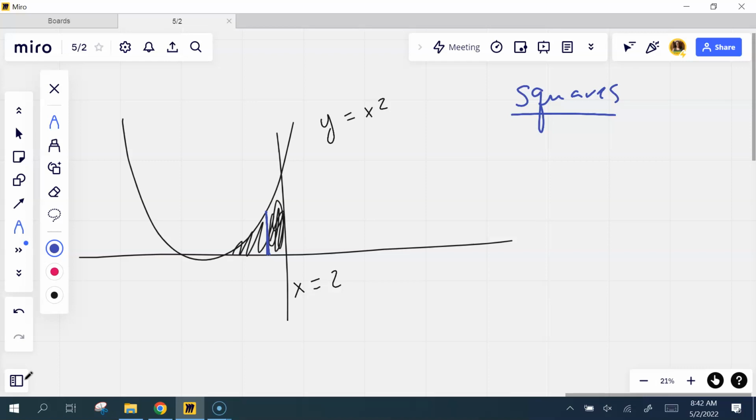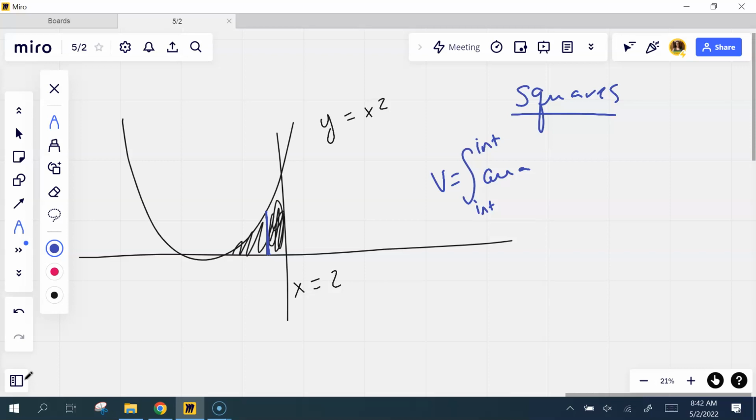Remember, volume is just the integrated area, with upper bound and lower bound at the intersection points. The only difference is that now, instead of rotating to find volume, I'm using cross sections to find volume.